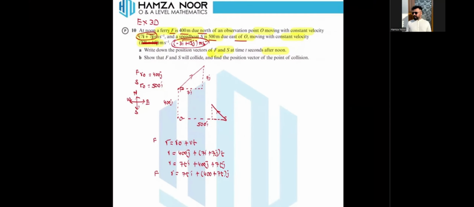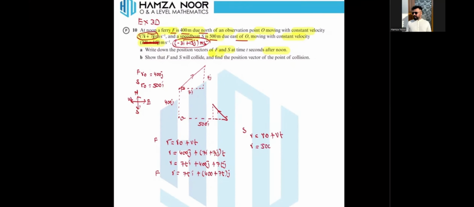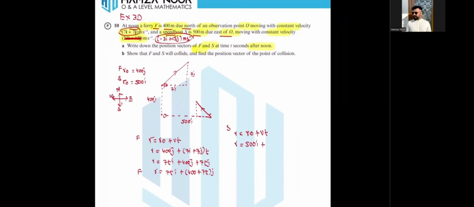So for the speedboat, for the object S, r = r0 + vt. In place of r0, we have 500i, and the constant velocity vector over here is -3i + 15j.